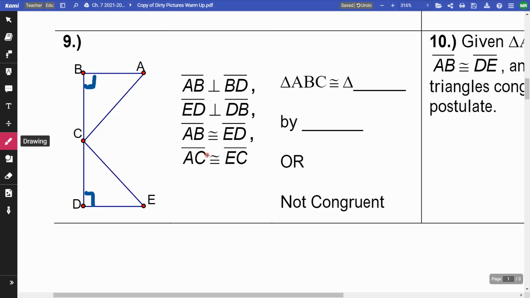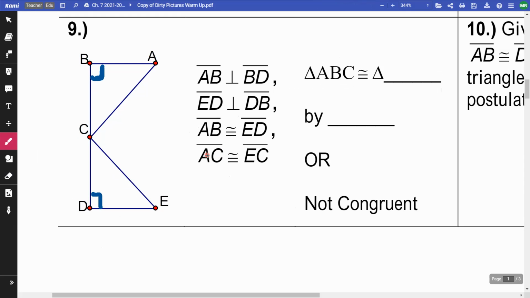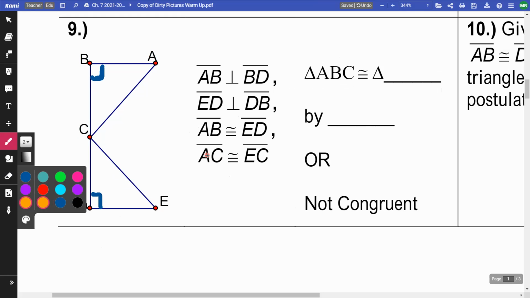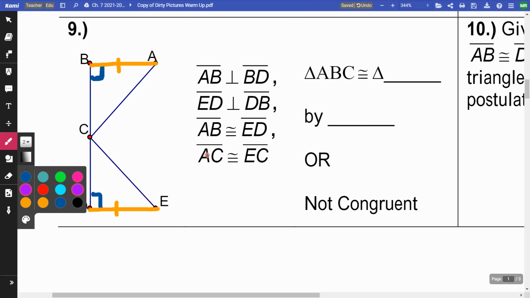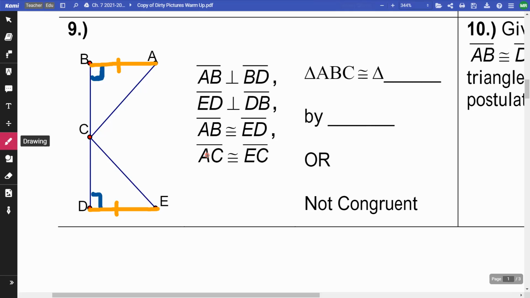So they at least have an angle that are going to be the same. Then the next thing, we know that this side here, AB, is going to be equal to ED. Okay, those are the same. That was given. I also know that AC is going to be the same as EC. That was given.